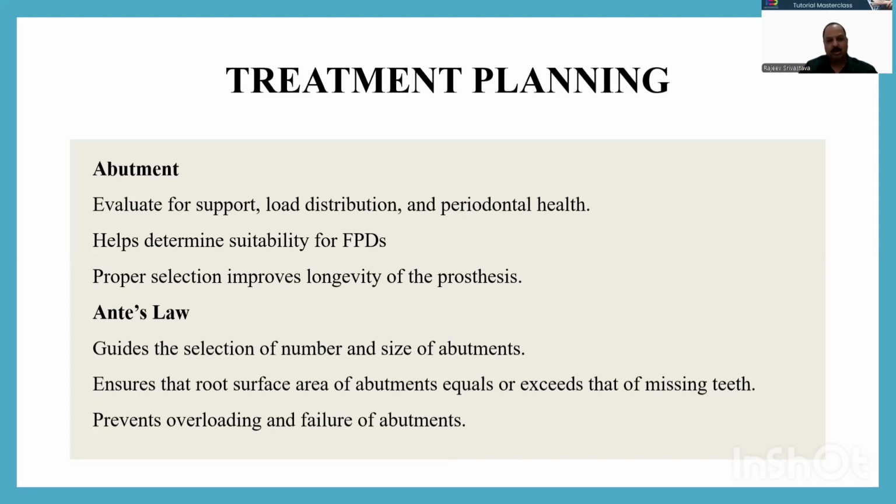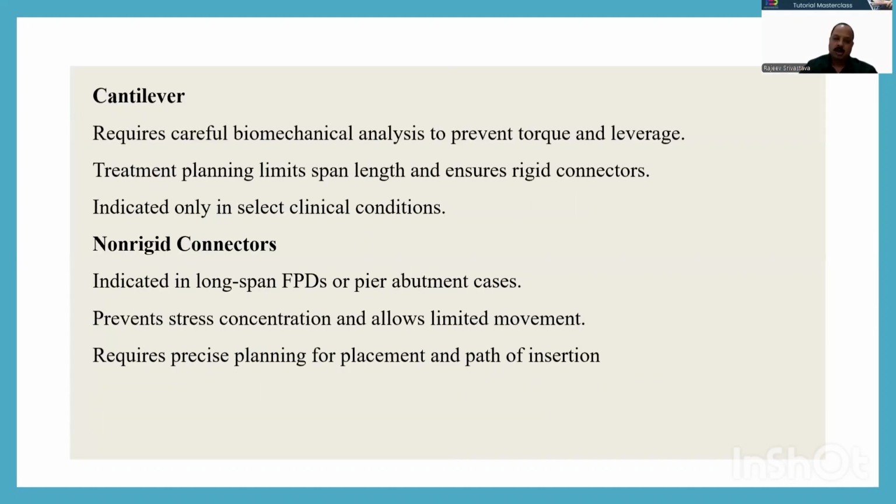Why am I discussing only these two points? Because if you don't follow Ante's law, the chances of failure increase. As you all know, the cantilever should be avoided. Cantilever should be given only in a few selected cases, where the span is very less, especially in the anterior teeth.